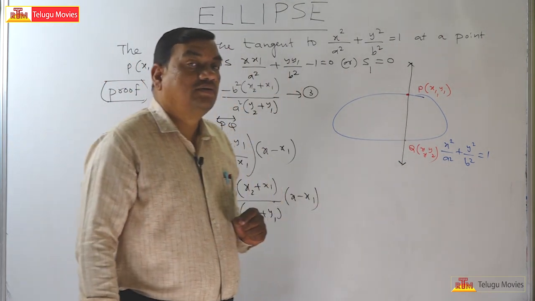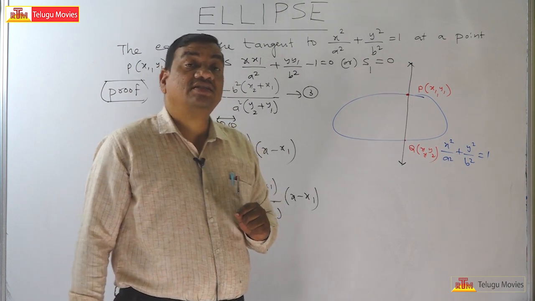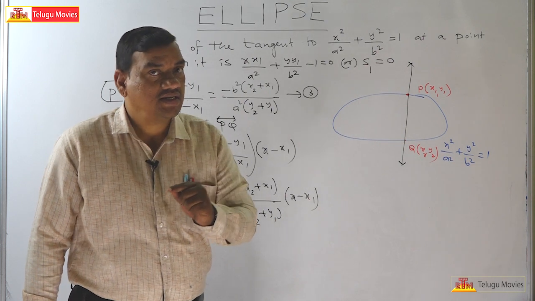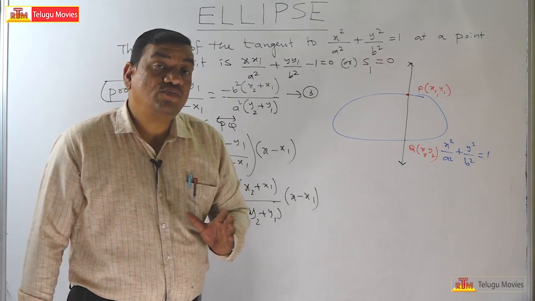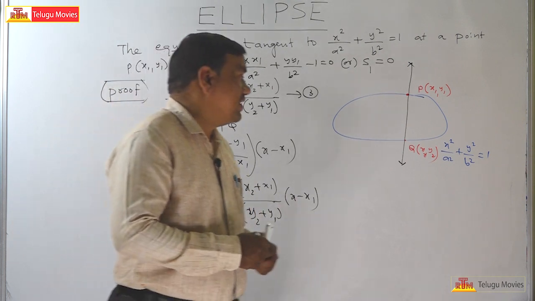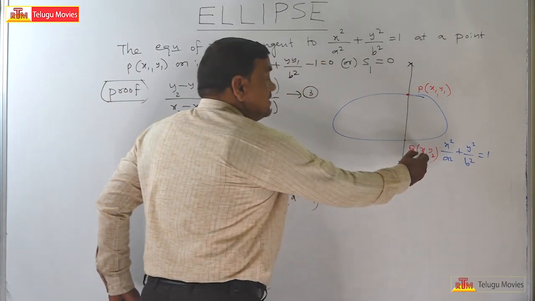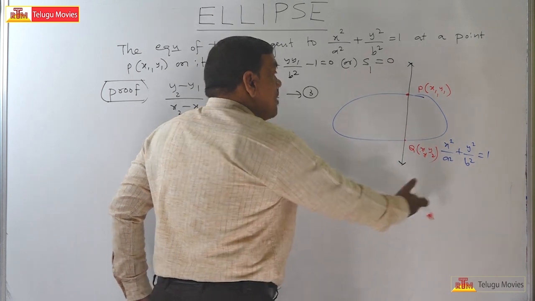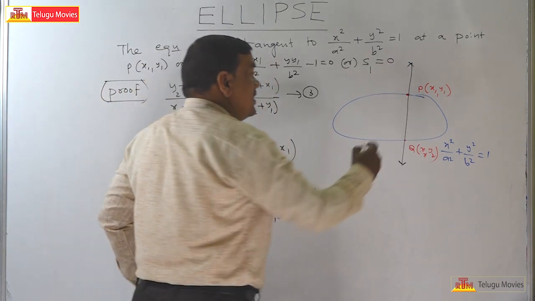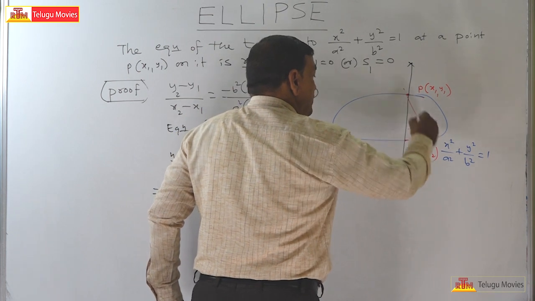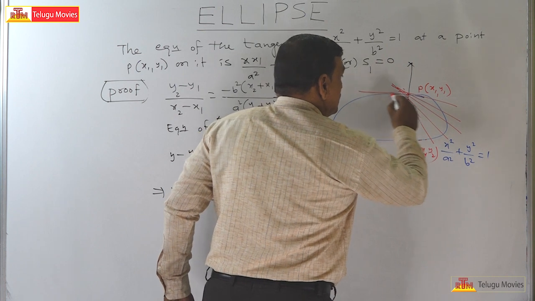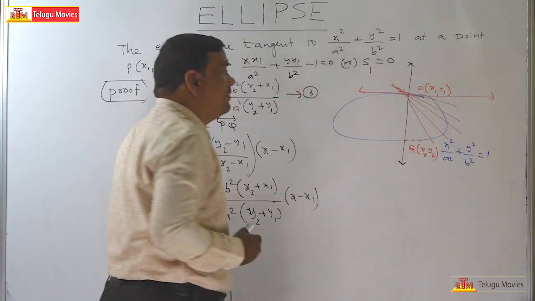Already we know that tangent is nothing but a limiting position of secant of a curve. The limiting position of secant of a curve is nothing but tangent. What is the meaning of that? See here, as x2 and y2 values approach x1 and y1 values, then these secants will become tangent.